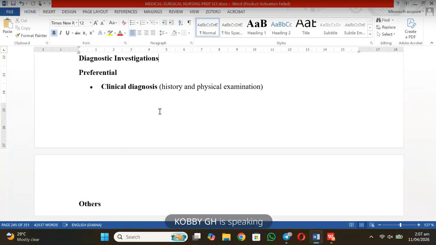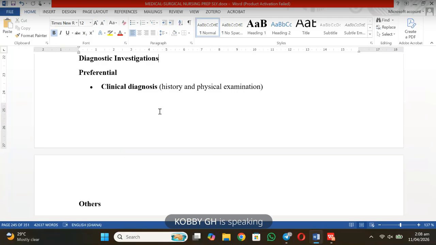When we say clinical diagnosis, we are concentrating on physical assessment. Keep it in your mind. When they are asking how we diagnose, in the integumentary system we use clinical diagnosis, which is the physical assessment and history taking. We don't use a certain diagnostic test.